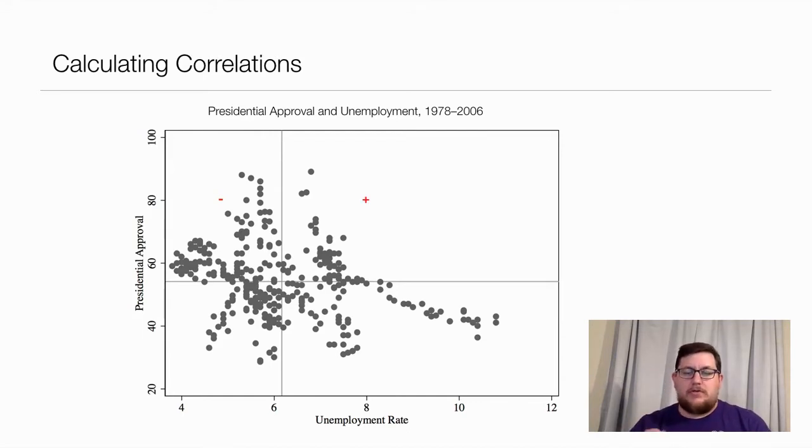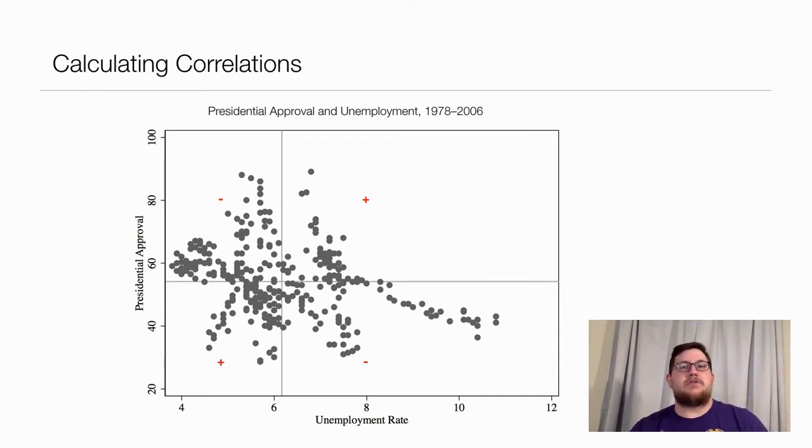You'll notice here in the upper right quadrant, this is positive. Why? Because both are above the mean. It's above the mean of unemployment as well as above the mean of presidential approval. So obviously continuing this trend, we have two things that are both below the mean of unemployment and presidential approval. So that's also positive, negative, and a negative is a positive. And last but certainly not least, we see those things that are above the mean unemployment but below the mean presidential approval.